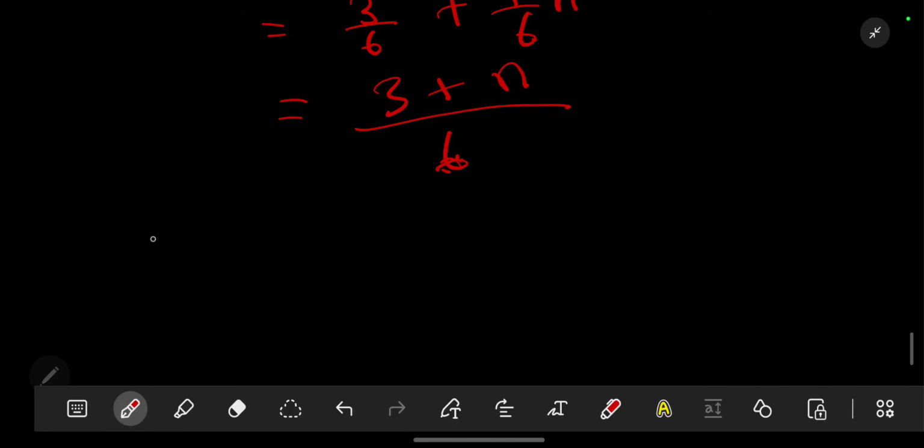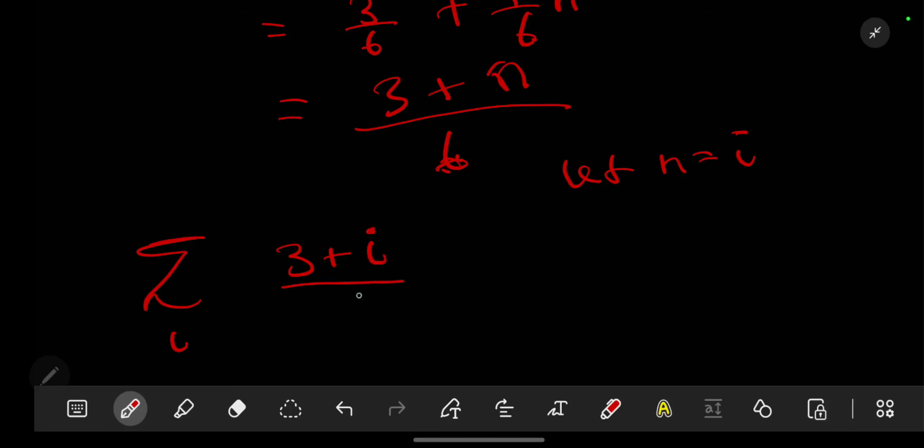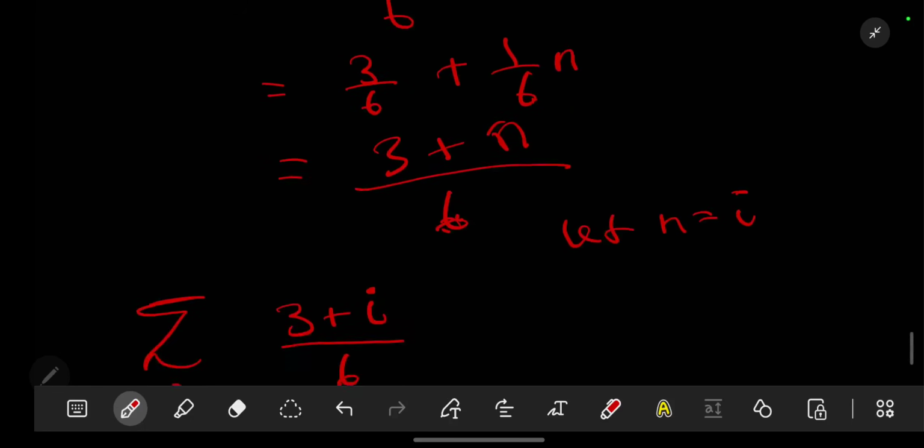So this is our expression. So you're going to say the sigma notation of our, so let your n be equal to the I. So we are going to have the sigma notation from our I. Okay, first let's write the expression. So we have 3 plus the I over the 6. Then what is our final term?